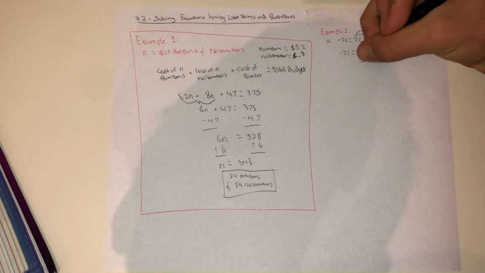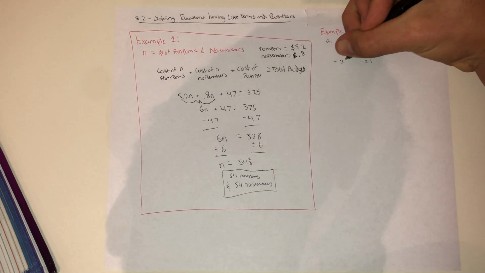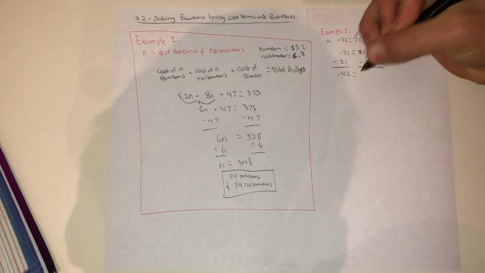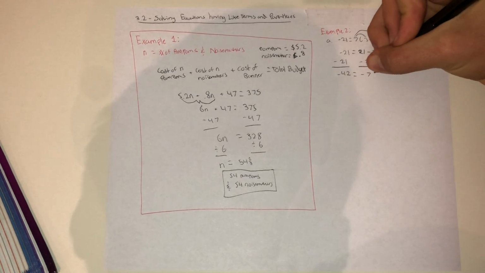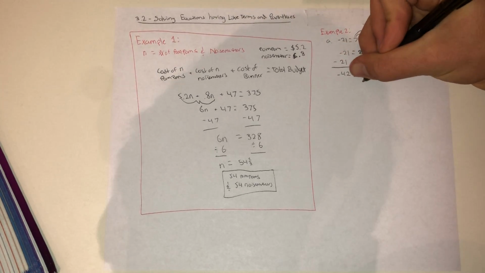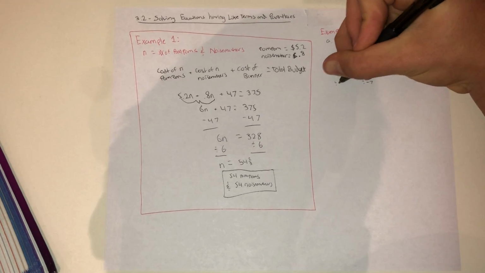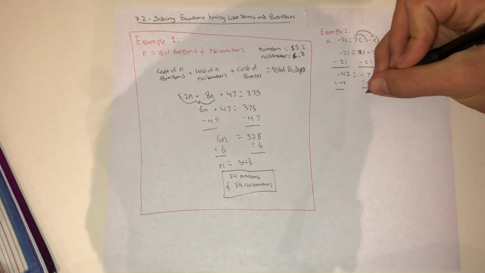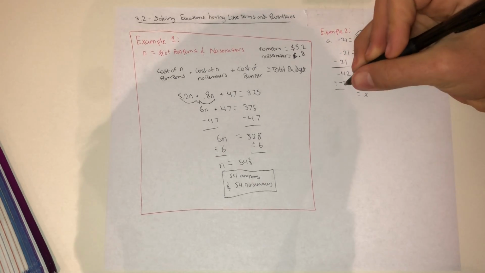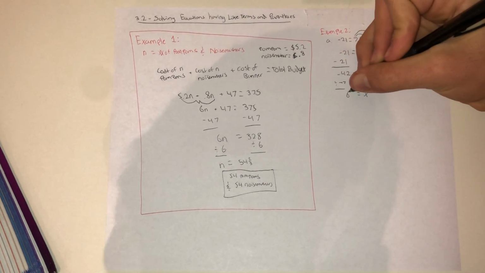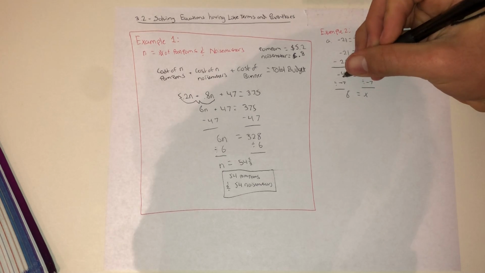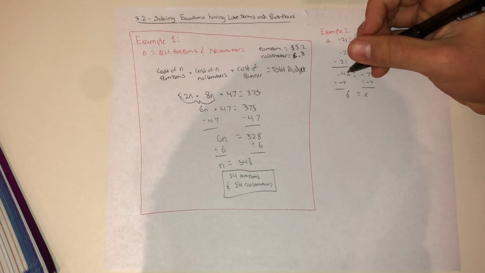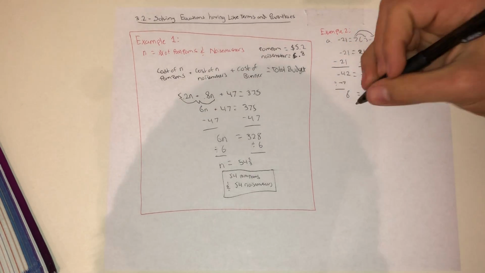So we have to subtract 21 from both sides. It's going to be negative 42, and this is going to be negative 7x. Now we have to divide by negative 7. Here you're going to get x equals 6. Since a negative divided by negative is always going to be a positive, like negative 42 divided by negative 7 is going to be 6.